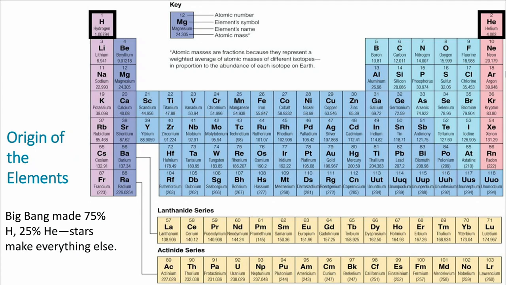We'll come back to talking about the Big Bang at the end of the semester, but after the Big Bang, all that you have is hydrogen, helium, and a little bit of lithium. So 75% of the universe is hydrogen, and 25% is helium. So everything else has to be made by stars, basically.